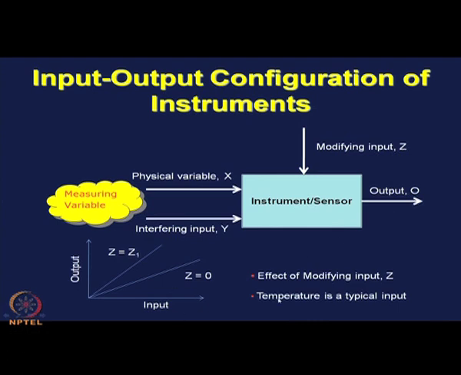As I was telling you, modifying input will tend to change the relationship between this output and these two inputs. It can be explained graphically like this. Suppose this is the input output relationship when there is no interfering input and no modifying input. In presence of modifying input, this relationship can be shifted like this.